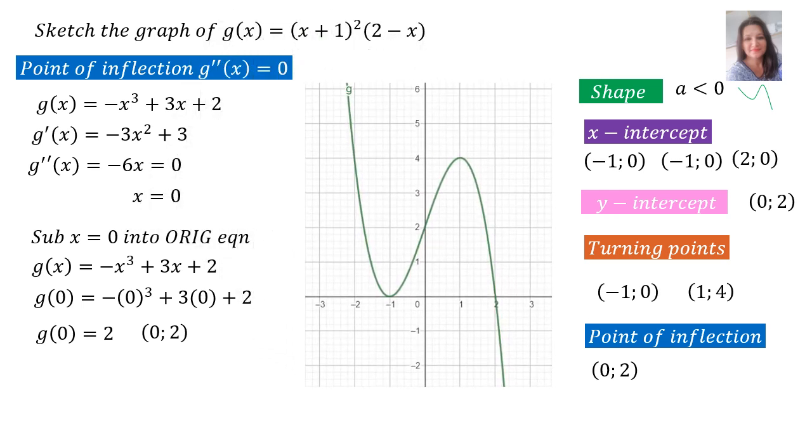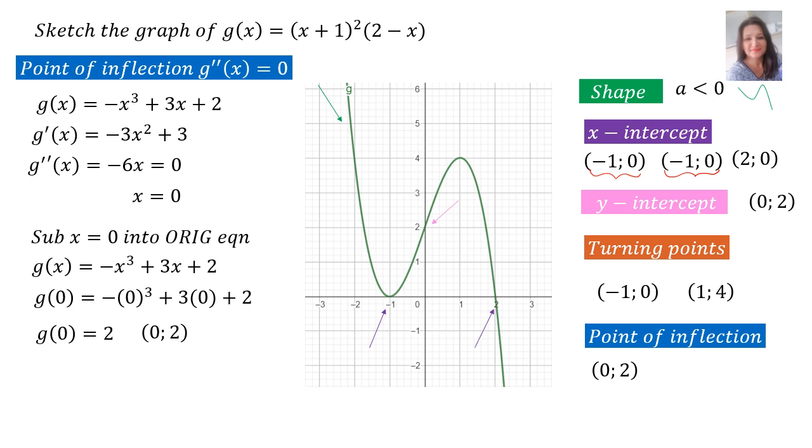Let's see. The shape, it's a descending graph because a is smaller than 0. The x-intercept, the fact that we had the same number there, this is where the graph will hop or bounce, there at negative 1. Our other x-intercept is the point 2, 0. The y-intercept is the point 0, 2.